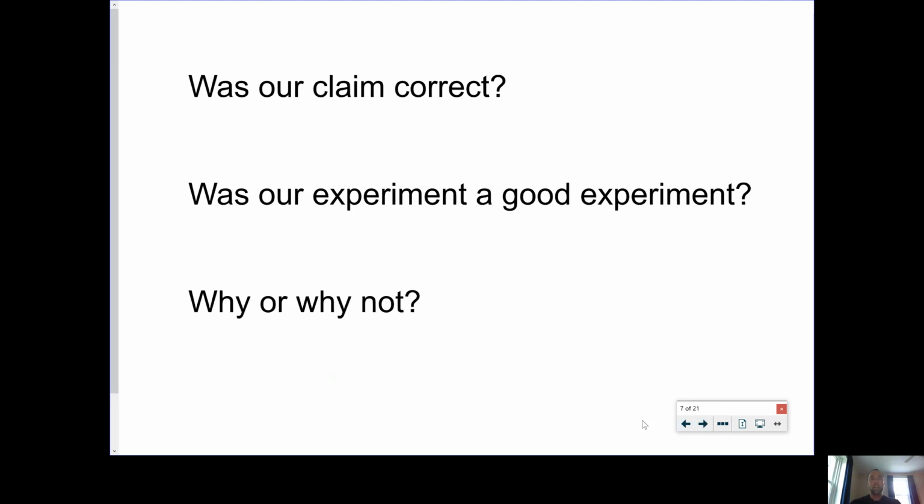So some things that we can consider: Was our claim correct? Was our experiment a good experiment? Why or why not? You might be thinking, what were some things that Mr. Bradley's experiment did that were good? What were some things that were bad? What would you have done differently?